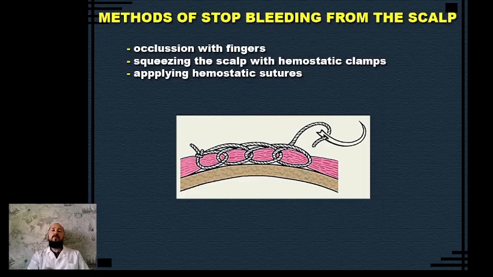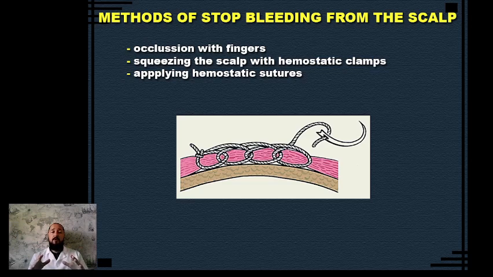What are the methods to stop bleeding from the scalp? There are different methods. What is the first method? If it is bleeding and you want to evaluate the wound, you should stop the bleeding with occlusion with the fingers.